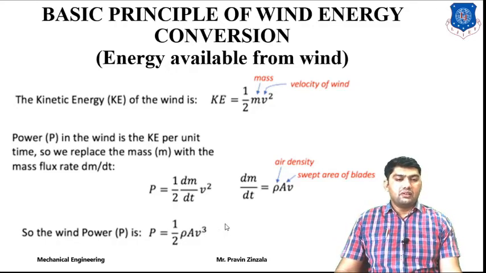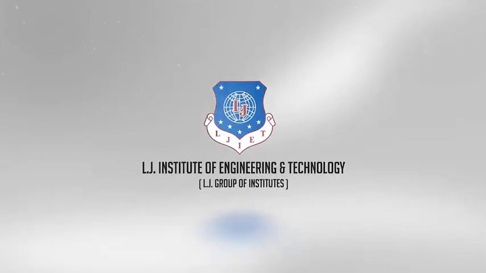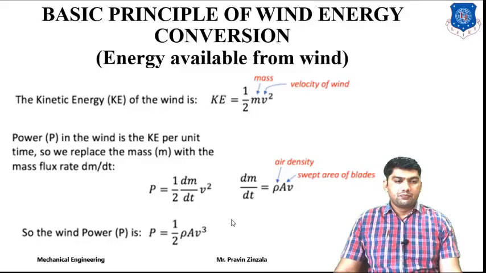If our velocity is higher, we will get higher power. The area is the circular swept area of the wind turbine, pi by 4 d square, so power is directly proportional to the square of the rotor diameter, and to V cube, the velocity cube of air.